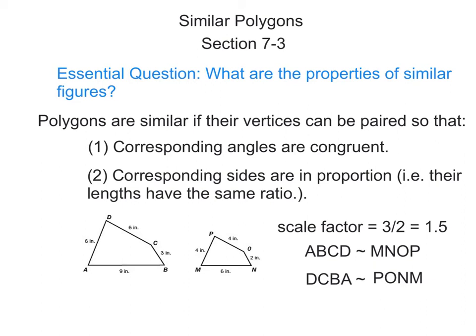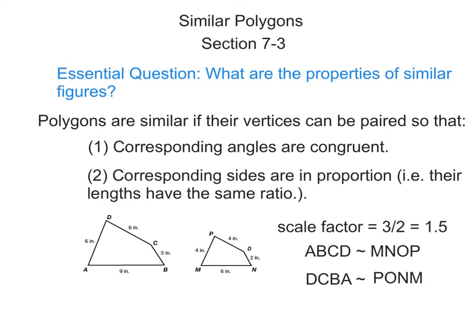Well, let's look at one last thing here, and that is, again, the corresponding sides are in proportion. They're in a ratio of 3 to 2. So what do you suppose the ratio of the perimeters of these two figures is? Well, if we look on the left, the perimeter of the larger figure is 6 plus 3 plus 9 plus 6. Okay, so that is 24.